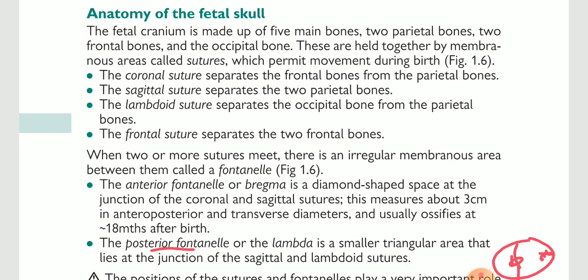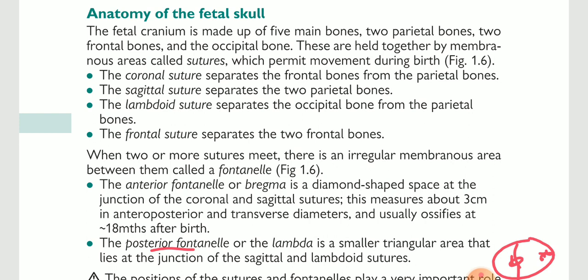When they are not completely fused, they allow a large range of motion and molding, which helps the baby, the fetus, to deliver through the birth canal.